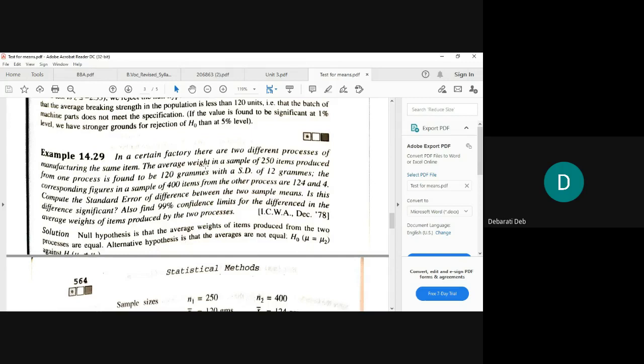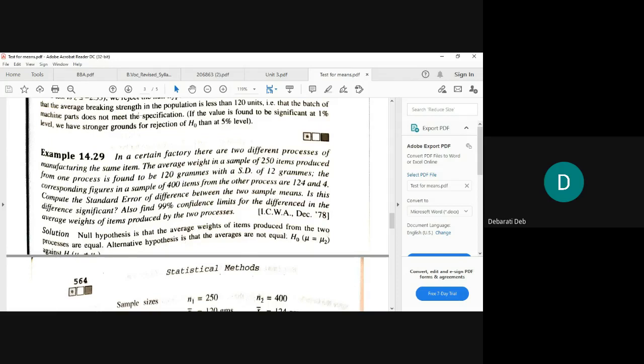And the corresponding figures in a sample of 400 items from the other process is 124 and 4. So the next line says about the second sample whose size is 400 and it has a mean weight of 124 and standard deviation of 4.